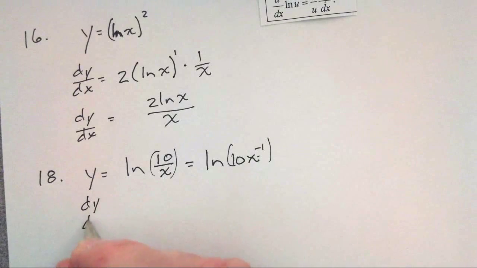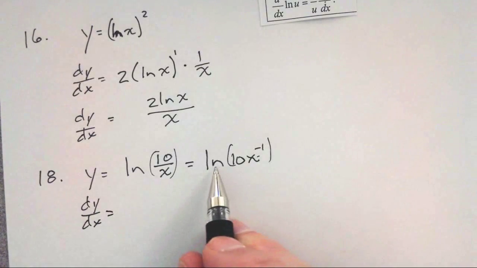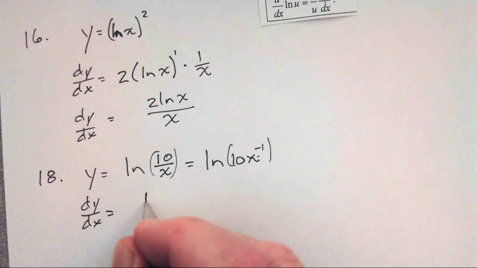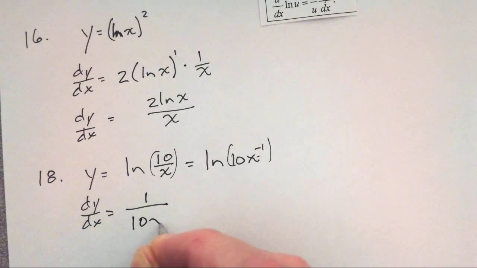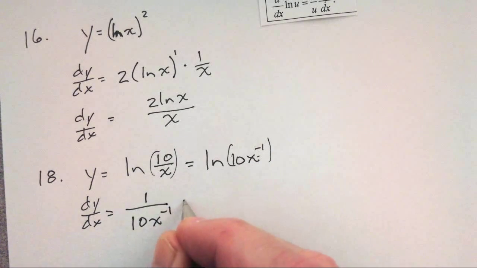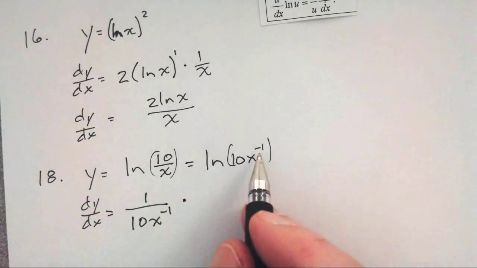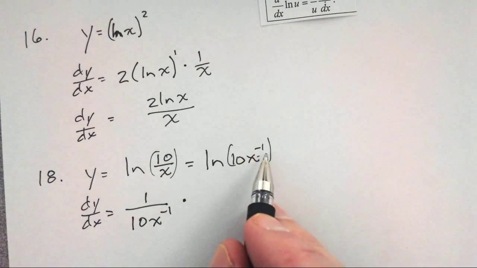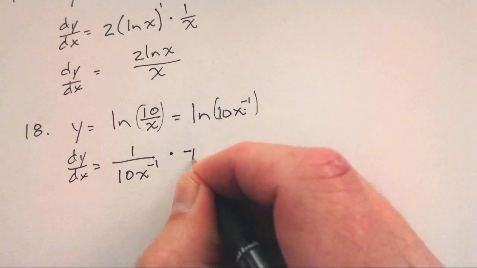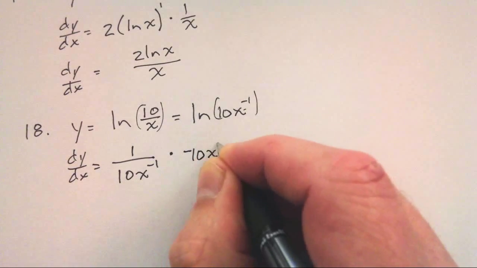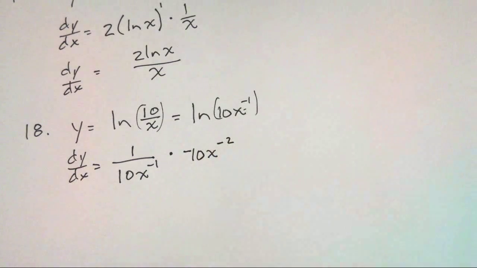So dy dx, my outside derivative, 1 on the inside function, 10x to the negative first, times the inside derivative, the derivative of 10x to the negative first, is negative 10x to the negative second.